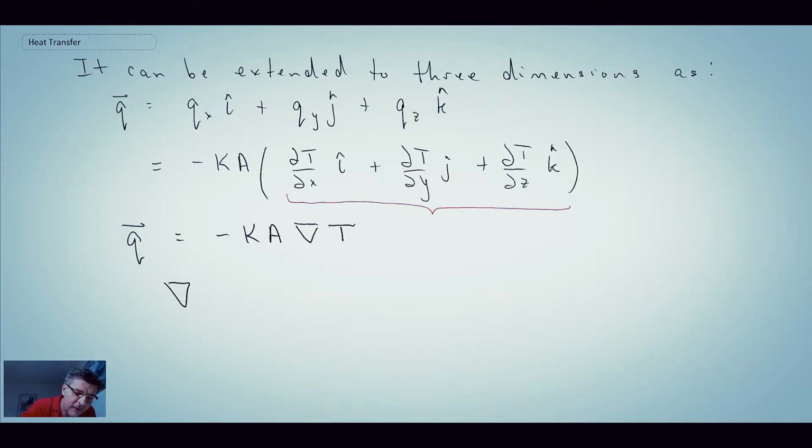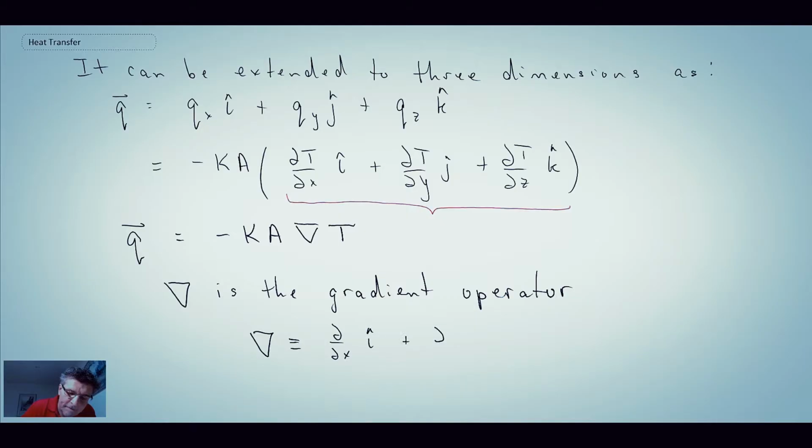So here the gradient, if you recall from your math courses, is defined in the following way. And we would have whatever it is that we're operating on in brackets here. So that's the gradient operator, and that's essentially Fourier's law in 3 dimensions, for all 3 spatial dimensions.